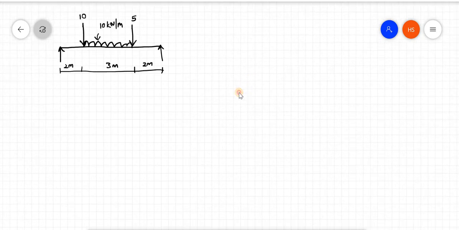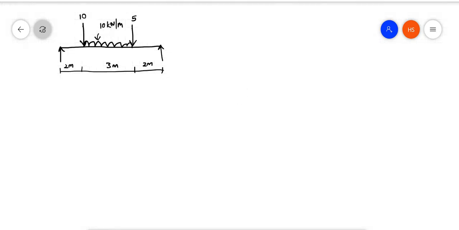So the first step will be, we have to find out the reactions. I am marking the points A, B, C, D. First of all I have to find the reactions RA and RB. Therefore step 1, the reactions.